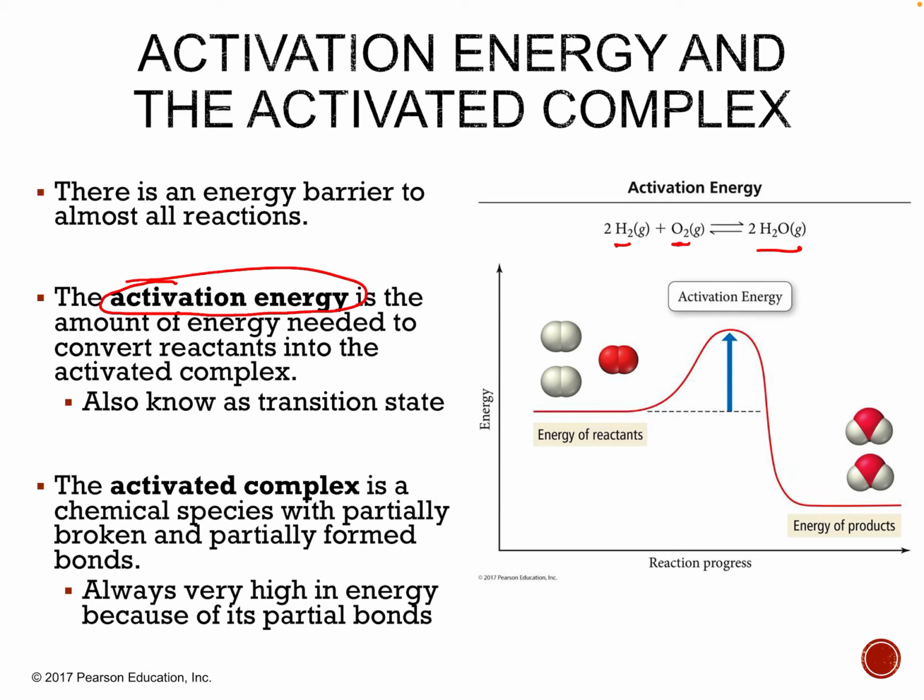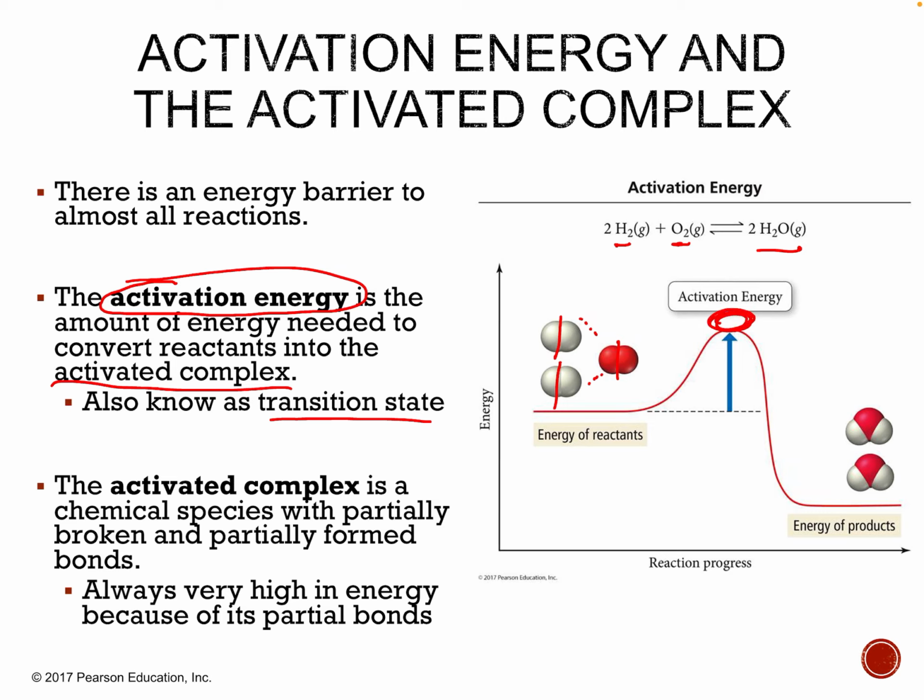So activated complex, transition state, totally the same thing, but it's this high energy species that has partially formed bonds, okay? So it's when the bonds between these hydrogens are starting to break, the bond between the oxygen is starting to break, and it's starting to form new bonds, right, between the hydrogen and the oxygen. So that's what's happening up here.